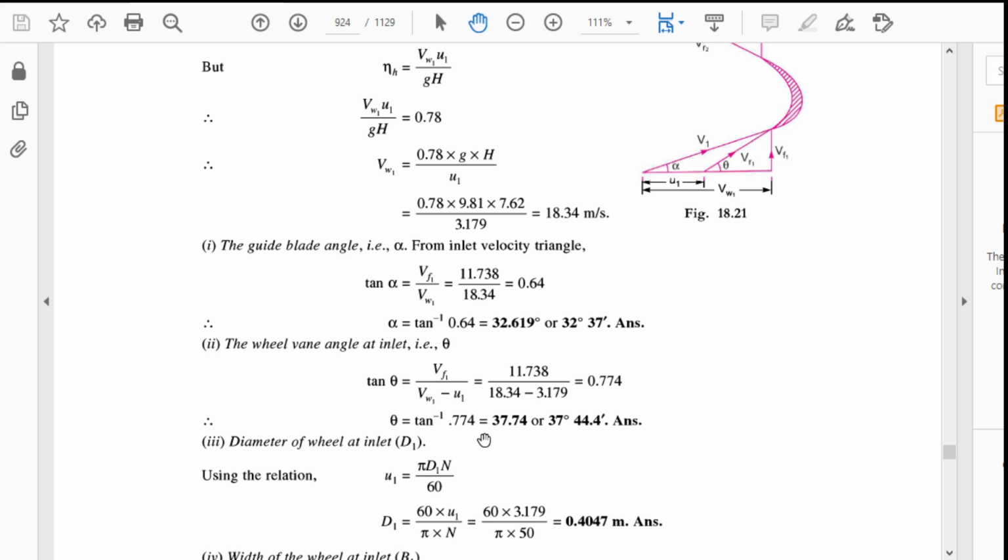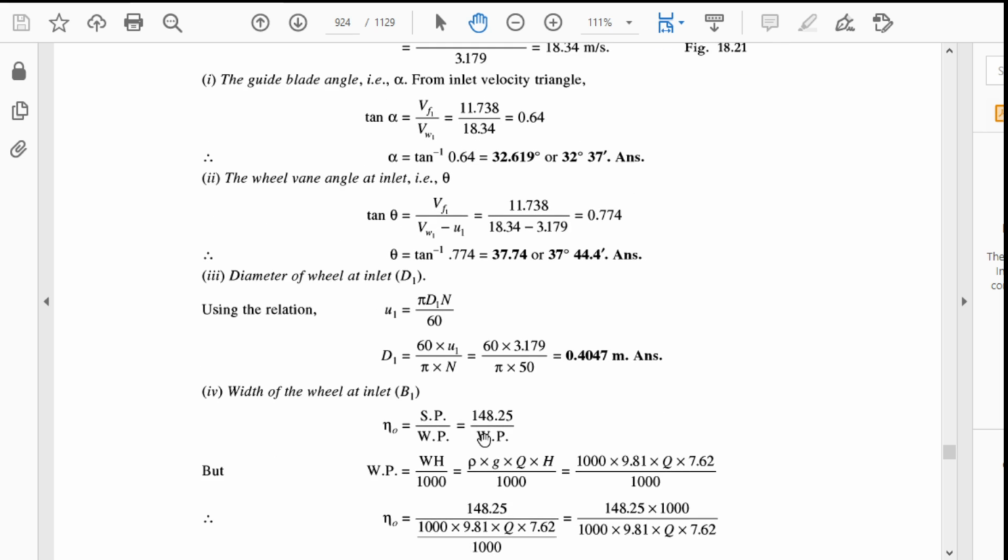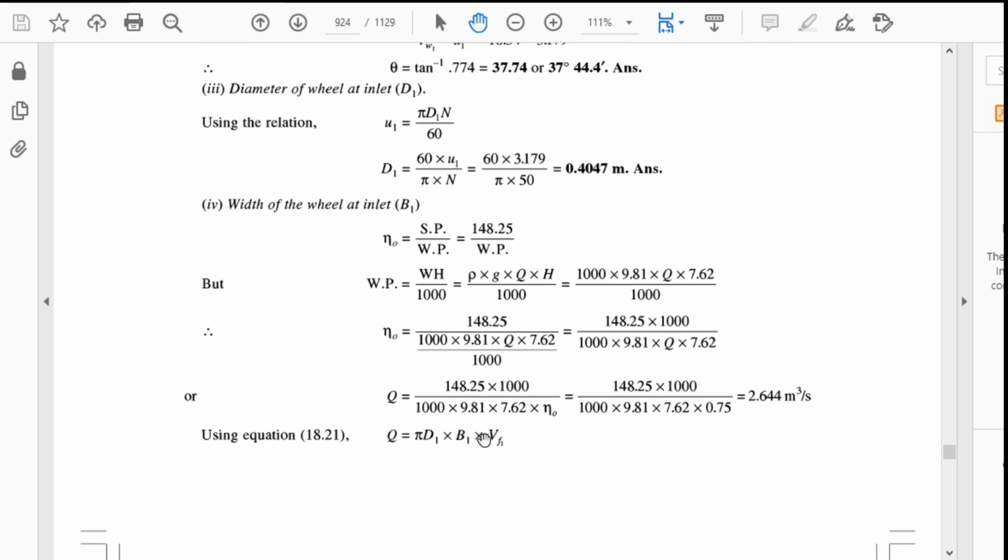Now the third question is the diameter of wheel at inlet, which is d1. It can be found by using the relation u1 equals pi d1 n divided by 60.